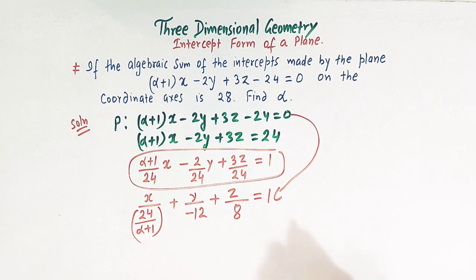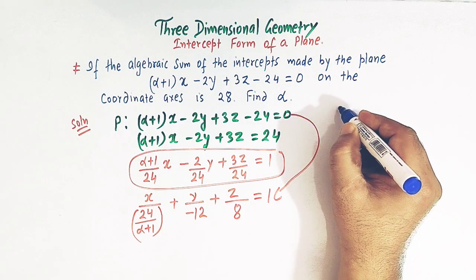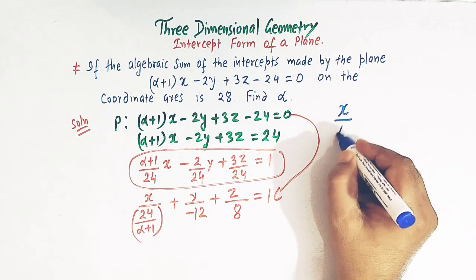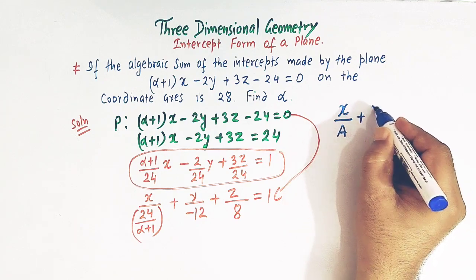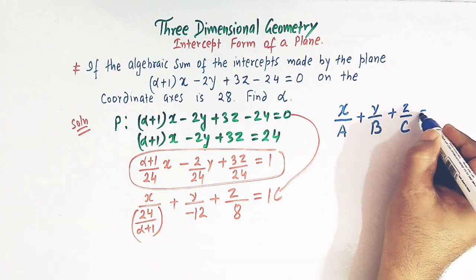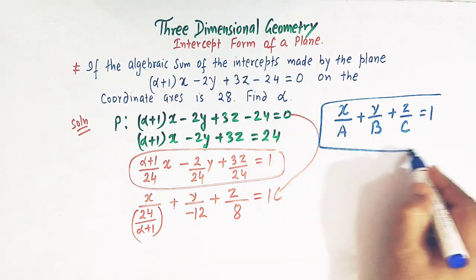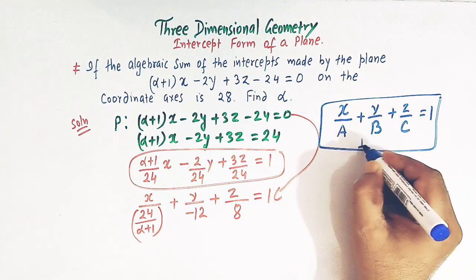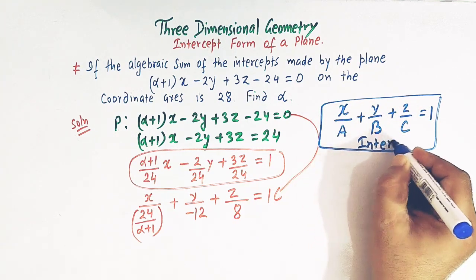So now see, if the equation of a plane is expressed like this, that is x over a plus y over b plus z over c is equal to 1, then this form of the equation of a plane is known as the intercept form.